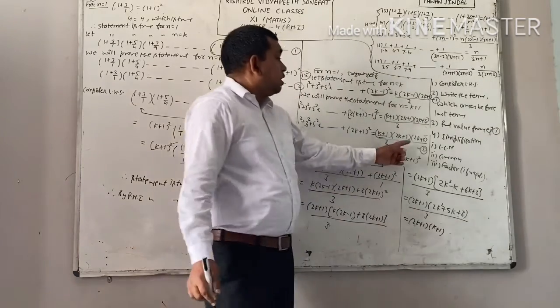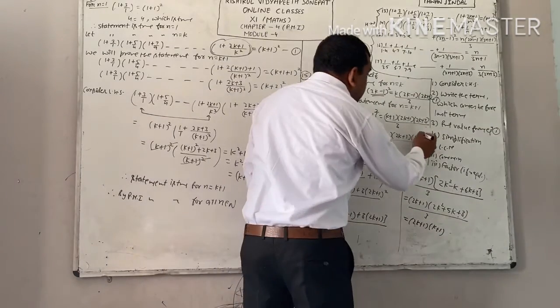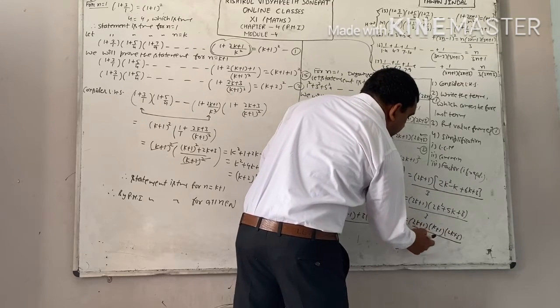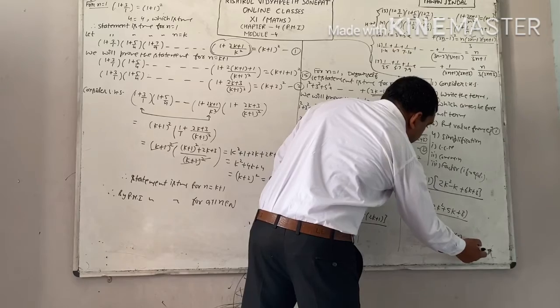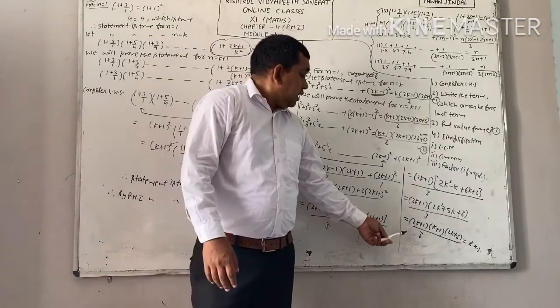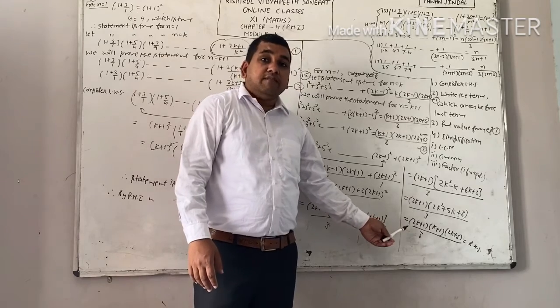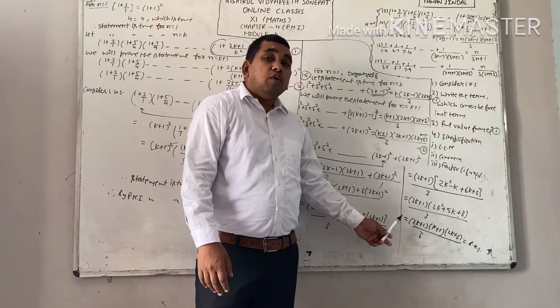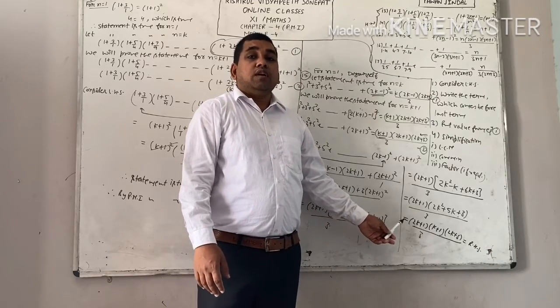Second factor which you require is 2k plus 3. You can make it, you will get the same, which is equal to the right hand side, and the last two lines you can write yourself. Therefore, the statement is true for n equal to k plus 1, and therefore by PMI, the statement is true for all n belongs to natural numbers.